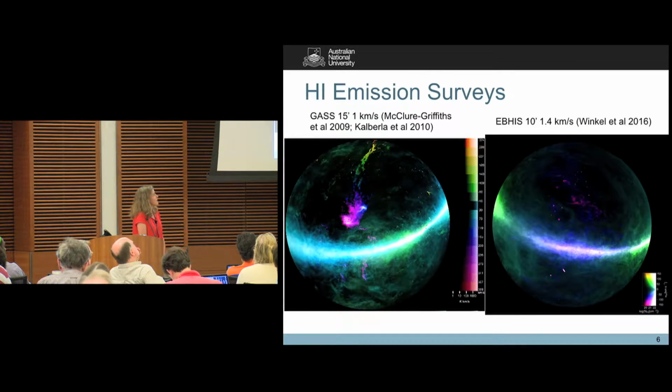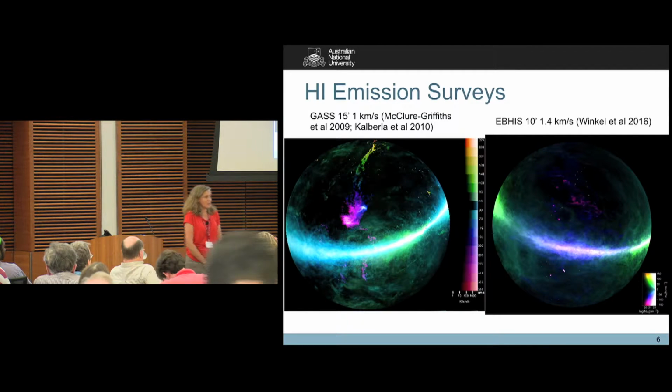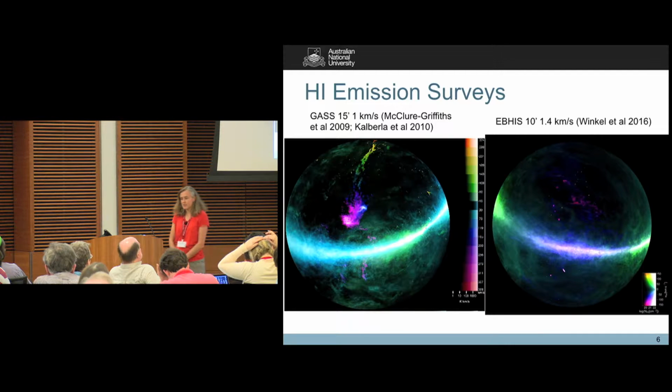We now have both the southern and the northern components of two surveys which are being put together to be called HI4PI. So this is the GASS survey and the EBHIS survey, which are at 10 to 16 arc minute resolution. Those have all been single dish type surveys.